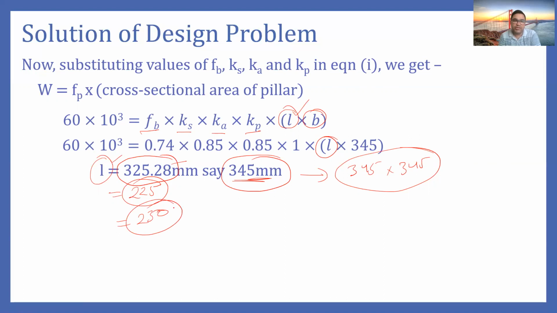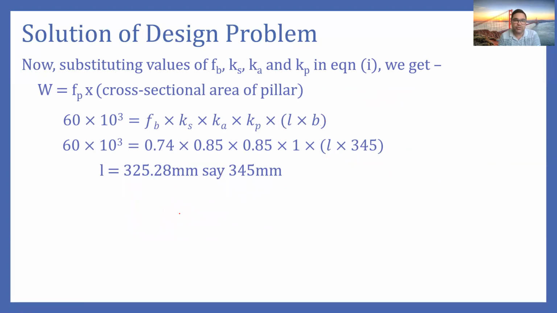Because L value is 230 and we have taken B value as 345, and we considered B as the least lateral dimension, but our assumption would have been wrong because L becomes the least lateral dimension. In that case we would have to redesign, but that is not the case in our problem. We have the L value as 325, which we increased to 345, and now L is also equivalent to B.